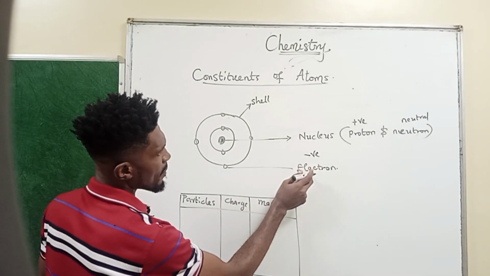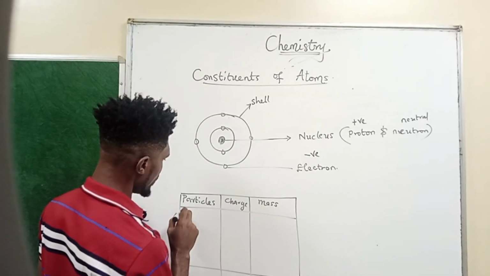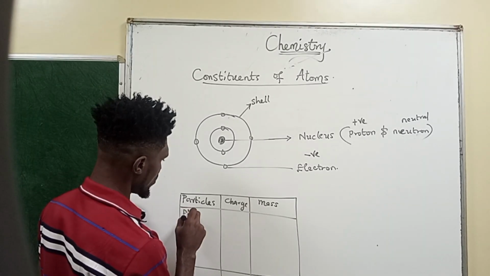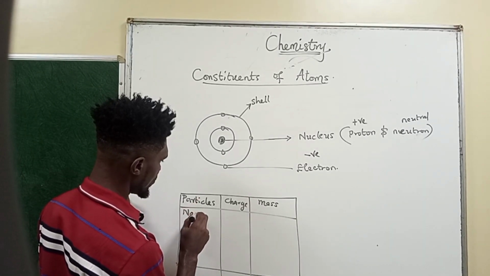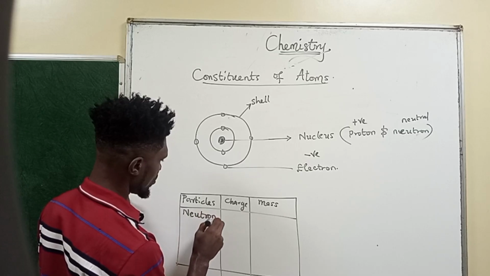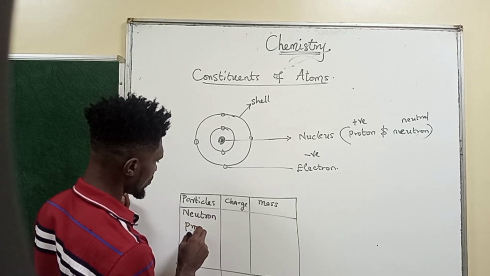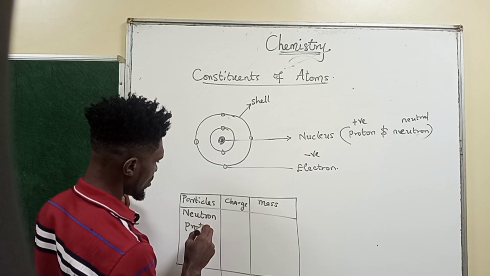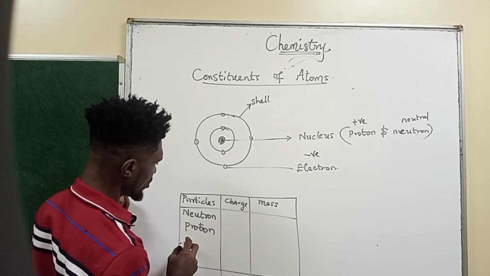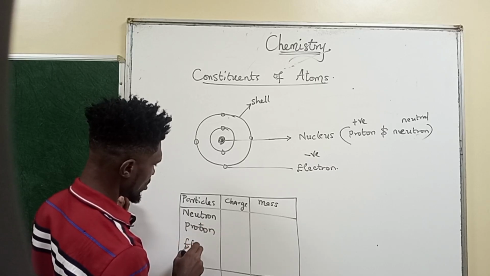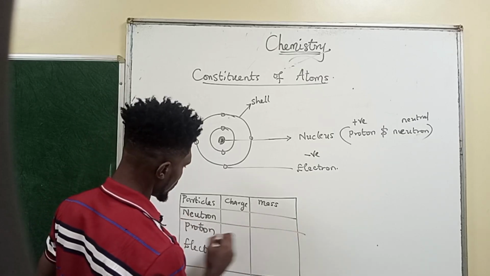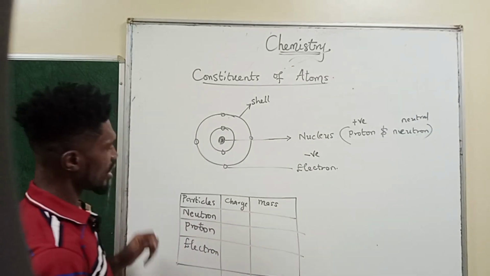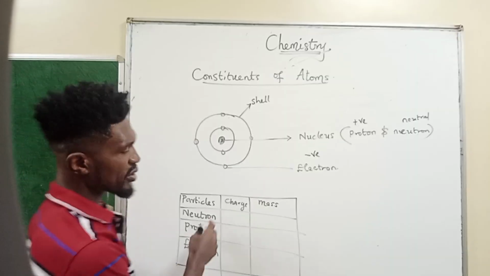So the first particle we're going to mention is, let's say, neutron. Here we mention proton. And here we mention electron.